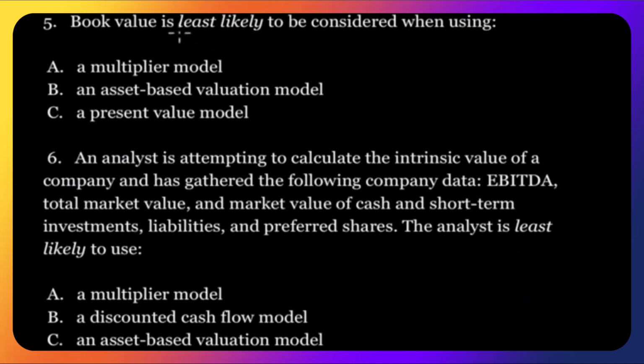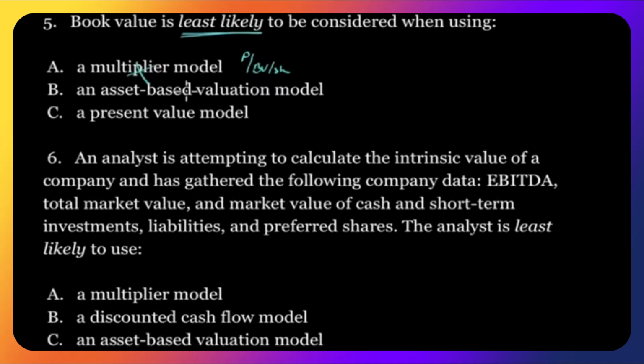5. Book value is least likely to be considered when using a multiplier model, an asset-based valuation model, or a present value model. Well, a multiplier model, we know we have price to book value per share. So it's right in there. So we can eliminate that. We're looking for a least likely. An asset-based valuation model.